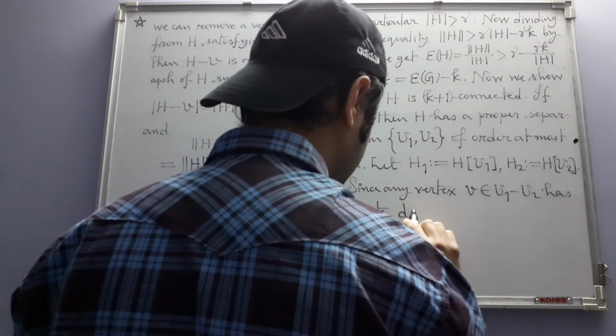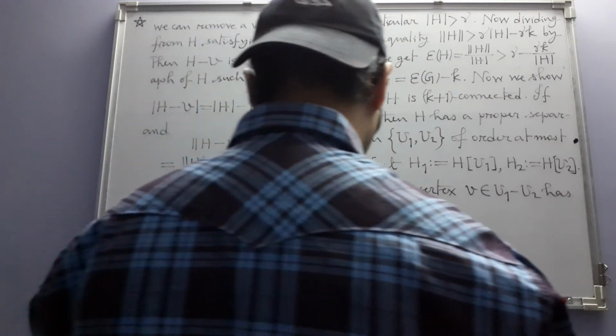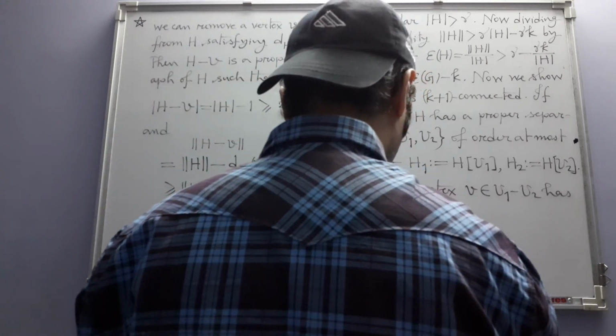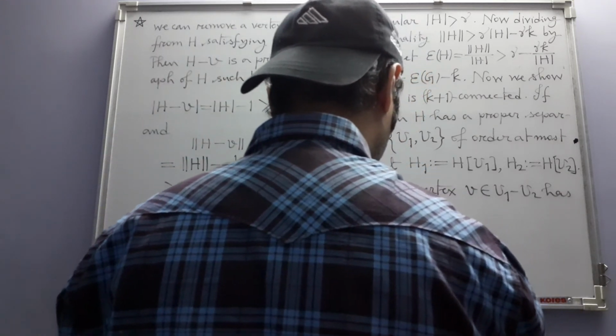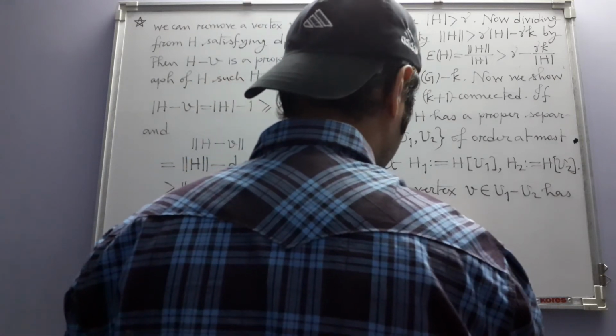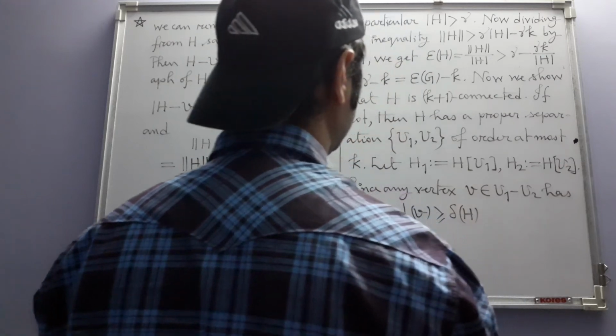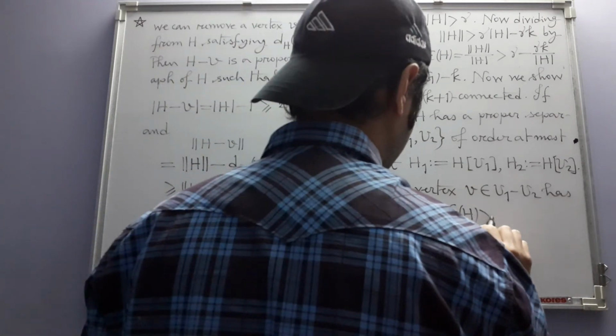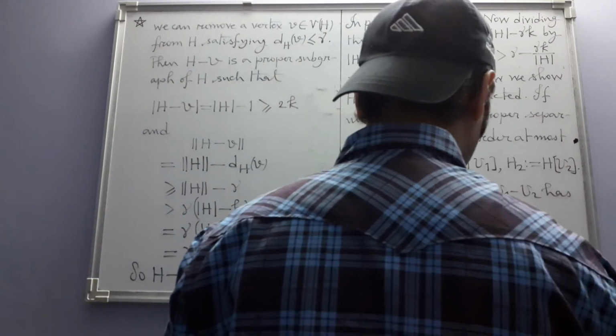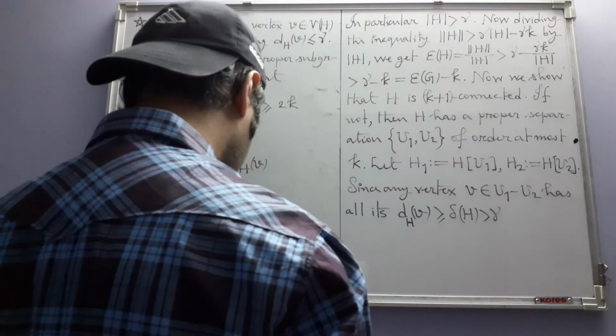Degree of V neighbors in H, that is greater than or equal to the minimum degree of H, which in turn is greater than gamma, that we have already seen is true.